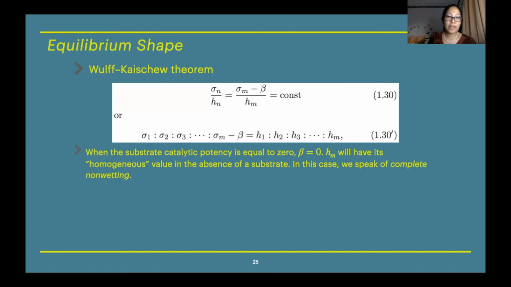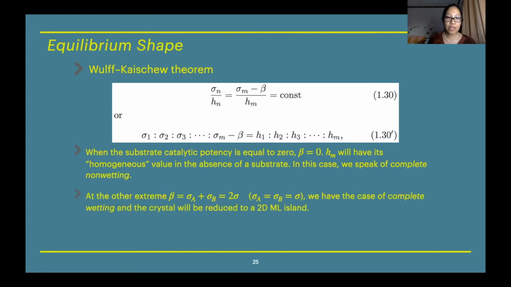When the substrate catalytic potency is equal to 0, the adhesion energy beta is equal to 0. The distance h sub m will have its homogeneous value in the absence of a substrate. In this case, we speak of complete non-wetting.